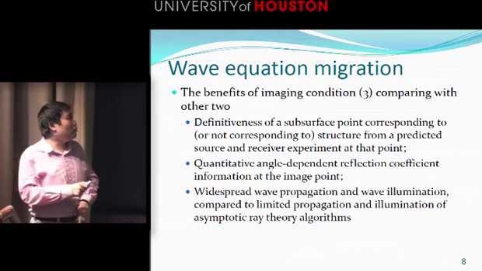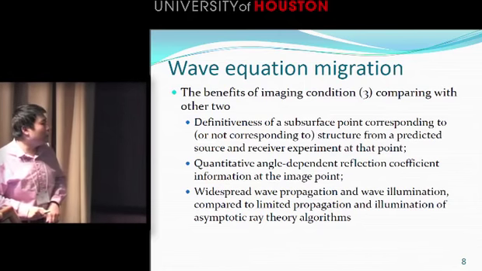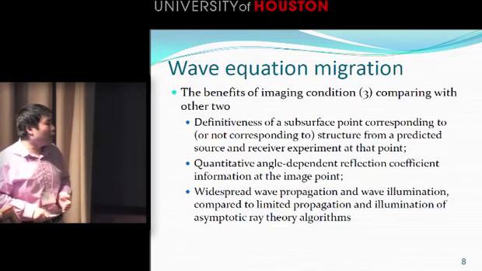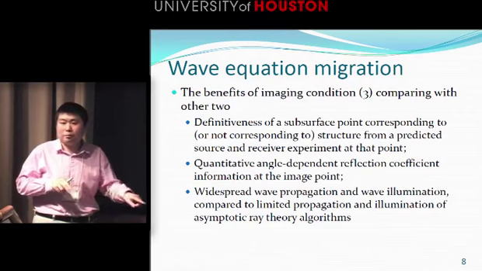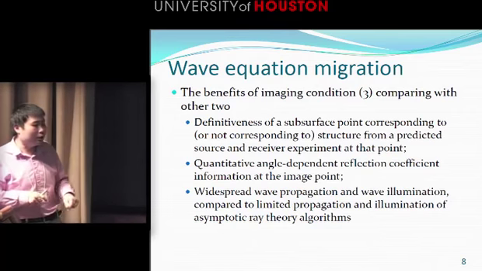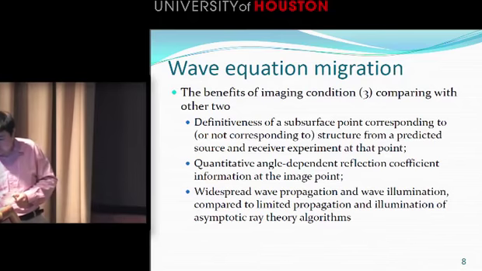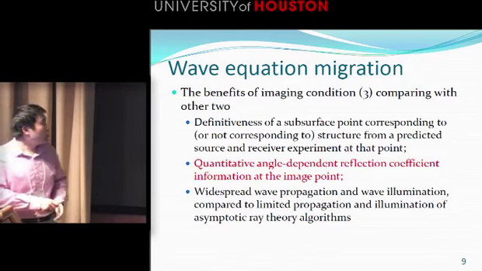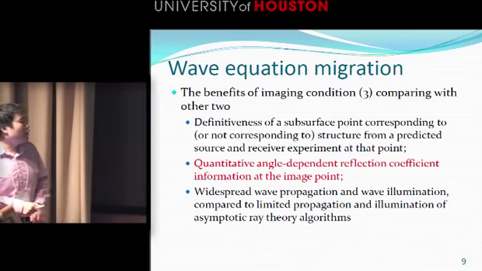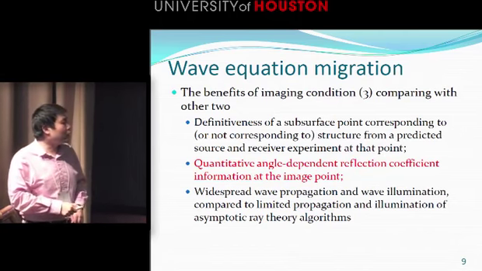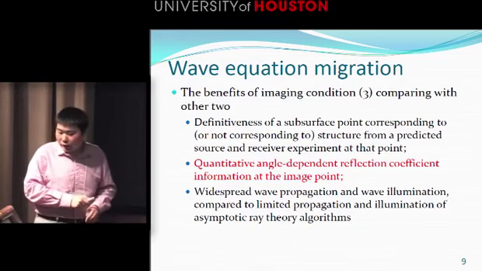So by using wave equation migration, you have less illumination problem compared to the ray-based theory or ray-based algorithm, like Kirchhoff migration or asymptotic migration. So the second advantage will be the major part. We will focus on the second advantage in this talk.